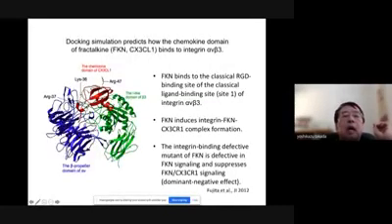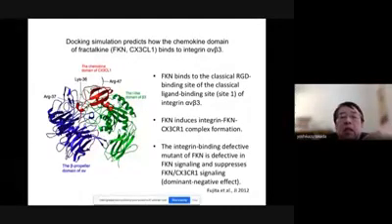So again, I showed you chemokine binds integrin like this, but nobody really knows. So this is just a prediction. The prediction is that the chemokine binds to the classical ligand binding site of integrin, and chemokine binds to chemokine receptor GPCR and integrin at the same time.